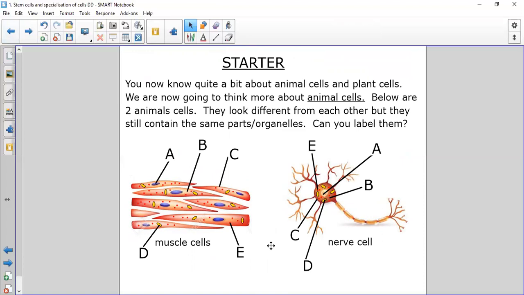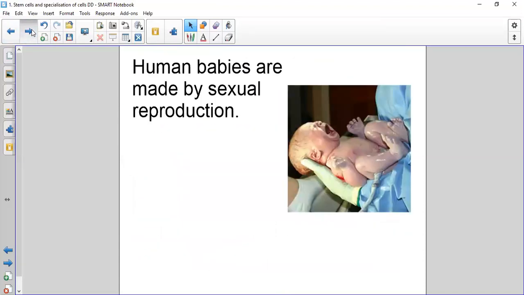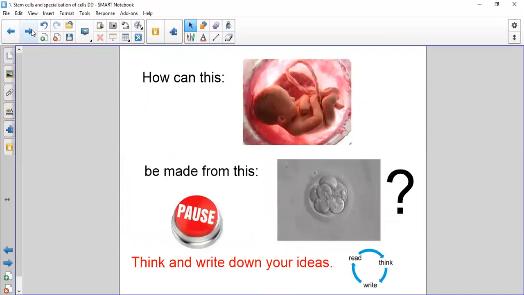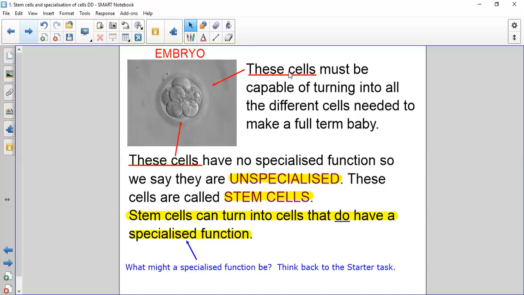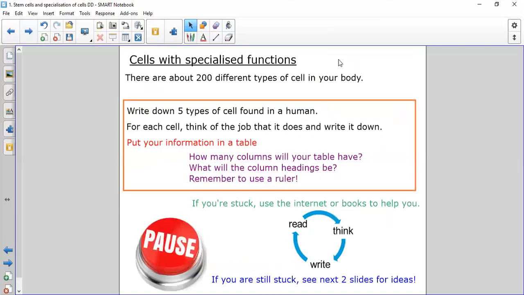So they're 2 different types of cell that these stem cells might need to turn into. Right, so that's given you a couple of ideas.